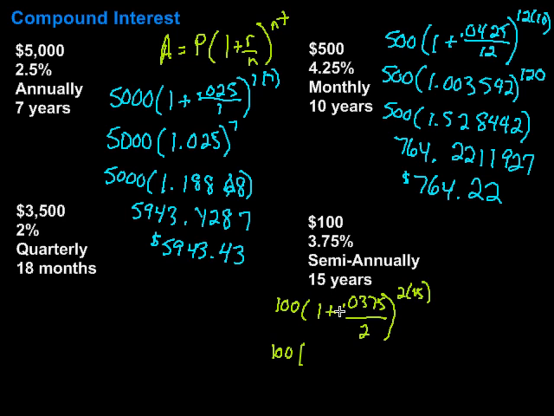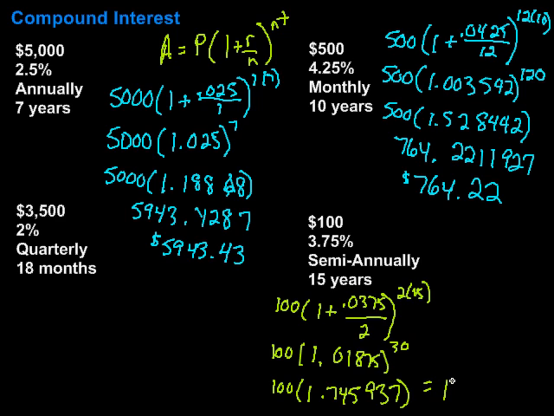So we have 100, and this 0.0375 divided by 2 is going to give me 0.01875. I'm adding it at the same time, so 1 plus that, 1.01875, and that's to the 2 times 15, which would be 30th power. Then, remember, I want to take that power first, so I take that to the 30th power, which is going to give me 100 times 1.745937, blah, blah, blah, on and on.